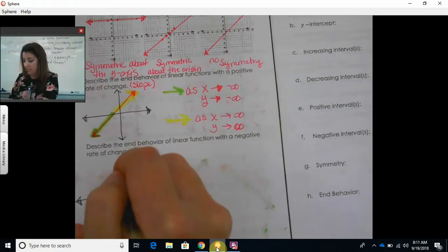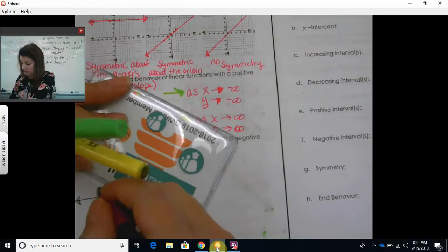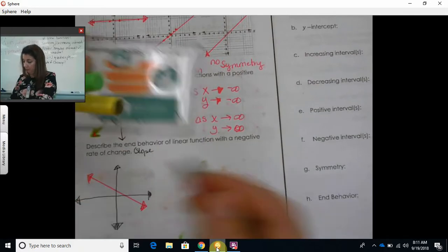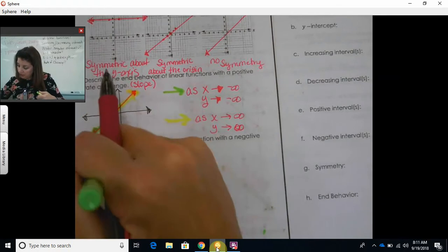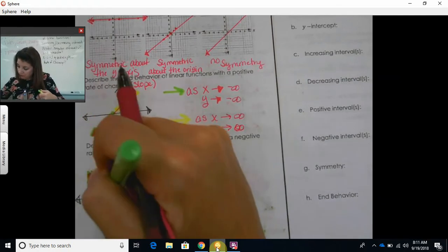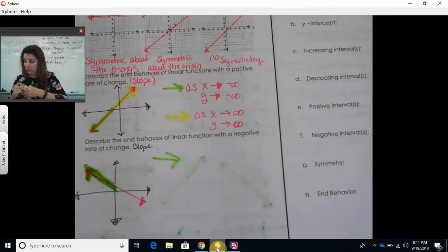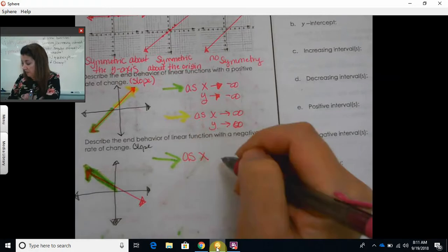Which we know is decreasing. So any old line with a negative slope. Rate of change. Let's describe the left side first. As x approaches, when you're going to the left, where's x going? Positive or negative infinity?